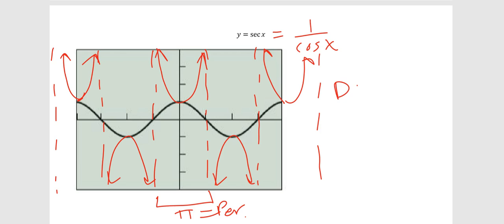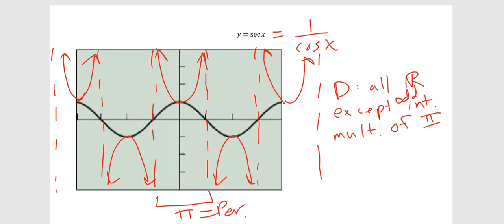Once again, domain, all reals except odd integer multiples of pi over 2. Kind of like your tangent, right?